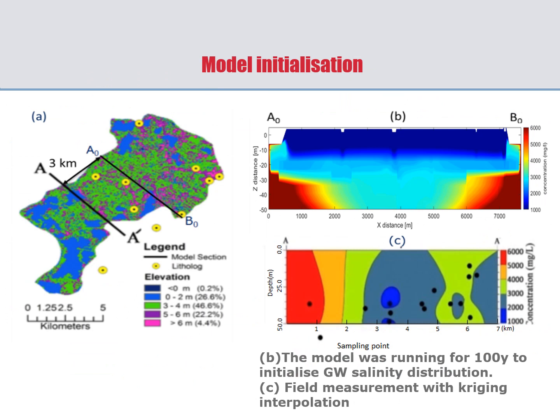Before we start to do a model calibration, we just try to initialize the model. So the model was running for 100 years to get a proper groundwater salinity distribution. In figure C, the black dots mean the field measurement, and we use kriging interpolation to get the proper salinity distribution.